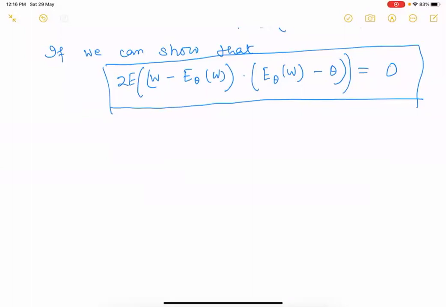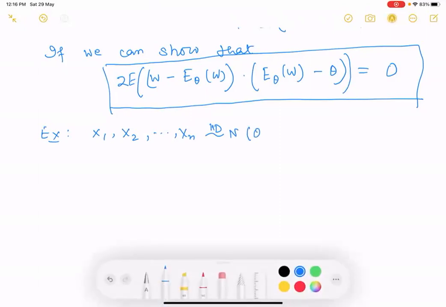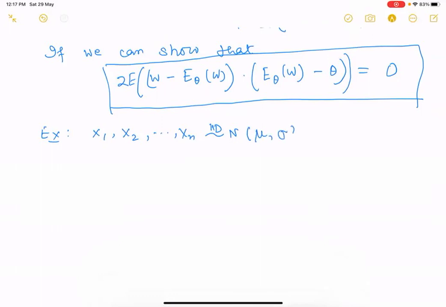So let us try an example. X1, X2, ..., Xn are normal, mu, sigma square.